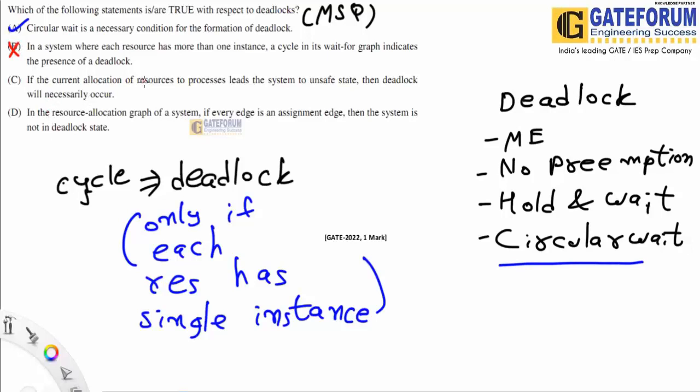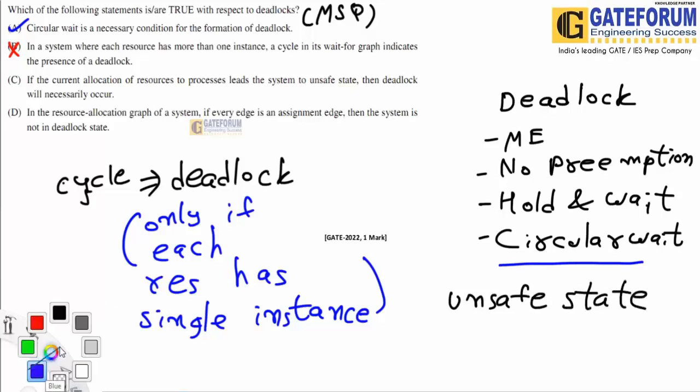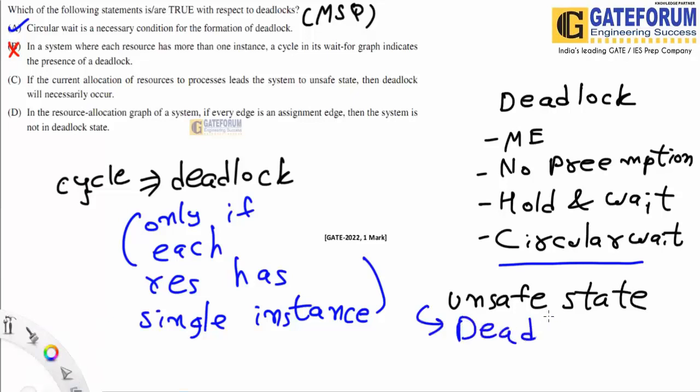Okay, if the current allocation of the resources to the processes leads to an unsafe state, then deadlock will occur necessarily. See, if we go with an unsafe state, it is not a guarantee that the deadlock will happen. In some scenarios deadlock can occur.